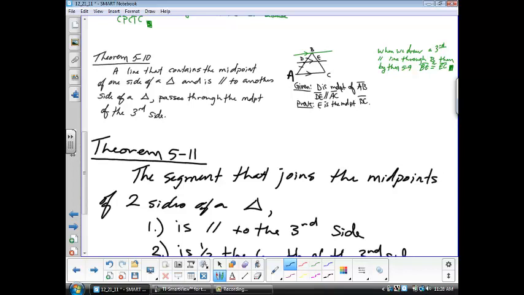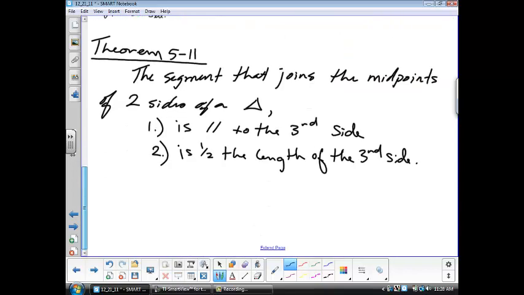So when you know you have a line that goes through those two midpoints, since there can only be one line through the 2 points, that must be then this line right here, DE. So we know automatically by Theorem 5.10 that DE must be parallel to AC because there's only one line that goes through the 2 points. And that line goes through both midpoints, so we must be talking about the same line. So the proof for part one comes kind of as a direct result.